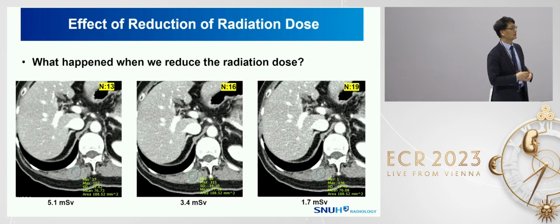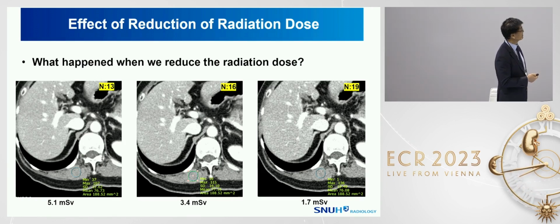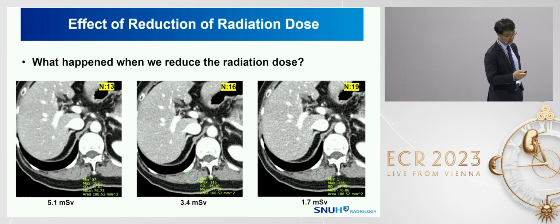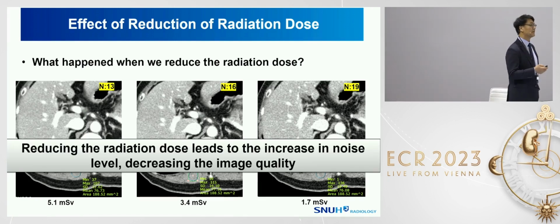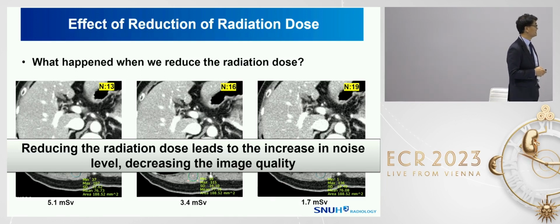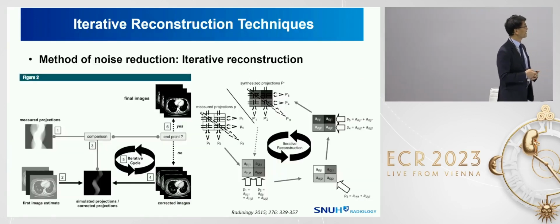If you reduce radiation dose by 70%, noise level increases up to 19. So the image looks uglier, and you may not detect small lesions due to increased image noise. So reducing the radiation dose leads to an increase in image noise level and decreased image quality.